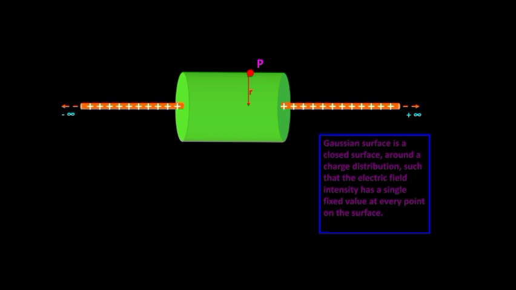So in the cylindrical surface there are a total of 3 surfaces. One is the top surface and bottom surface, and the last one is the curved surface.